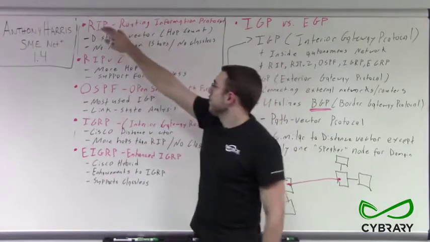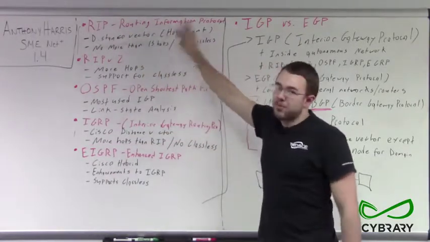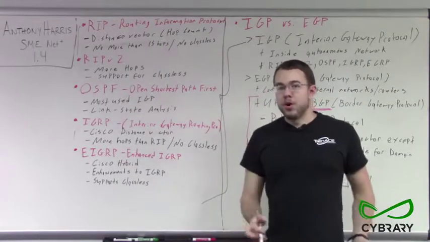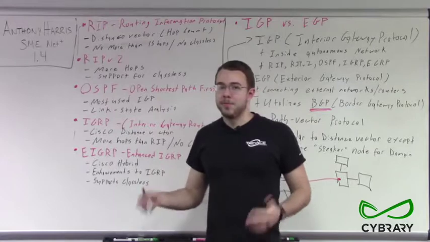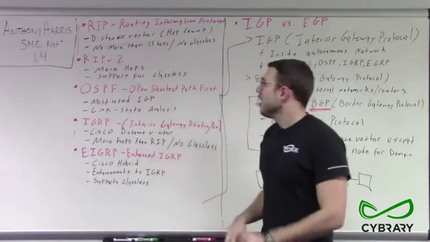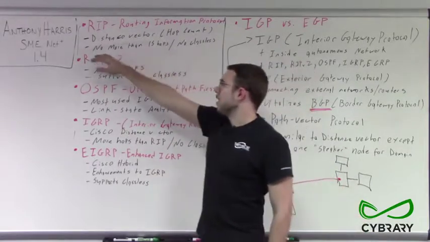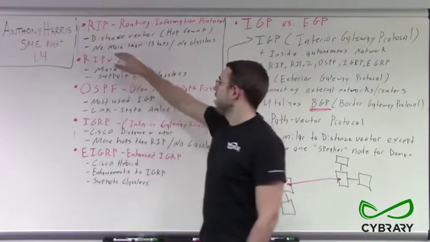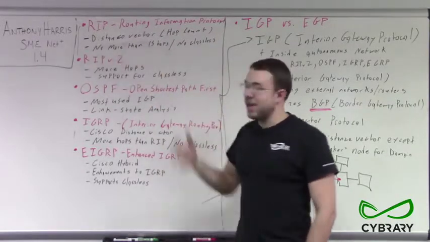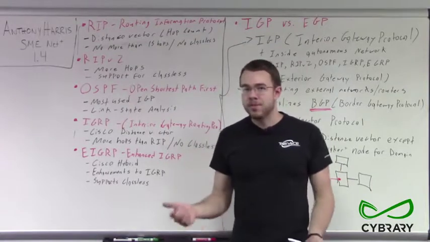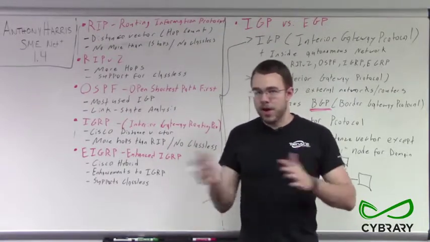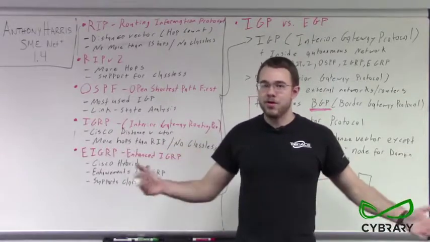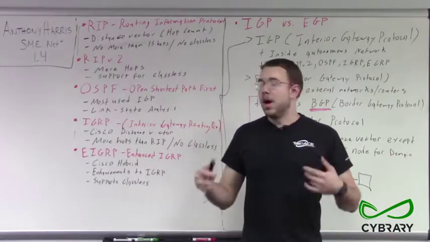So RIP stands for Routing Information Protocol. RIP is a distance vector protocol, which means it's based on hop count. But RIP has a lot of limitations. Our routers that are using RIP in order to communicate and in order to determine which routes they should take can handle no more than 15 hops, which in a small network with a couple routers isn't a big deal, but in a larger network with a lot more routers is a big deal.